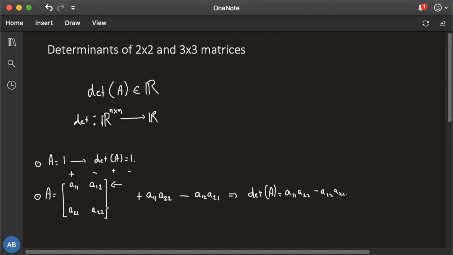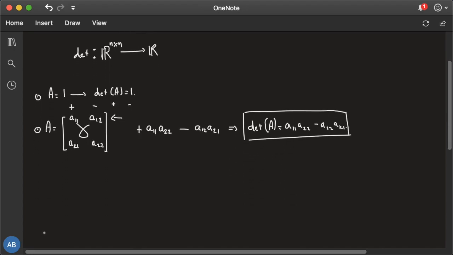Now, of course, we could have picked the second row and done the same thing. You would have reached the same expression, right? That's why you find most people that compute 2 by 2 determinants do the cross thing. It's this guy times this guy minus this guy times this guy. So this is another way of keeping it in mind.